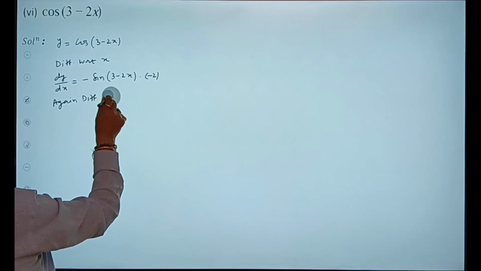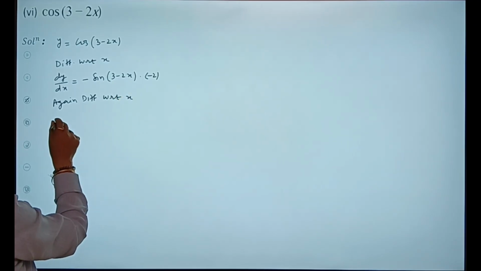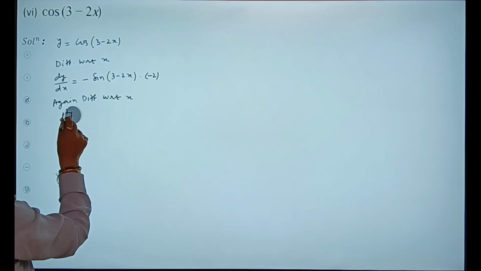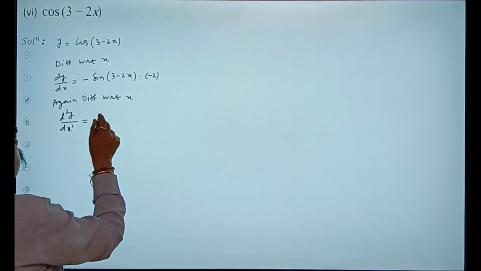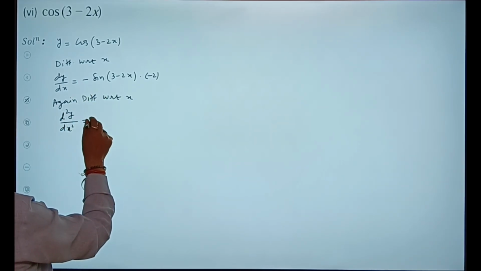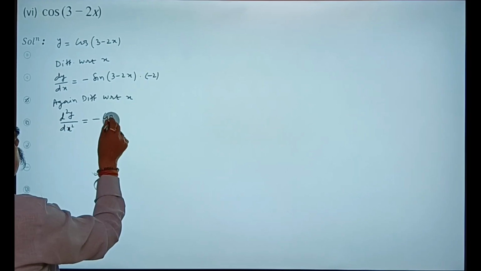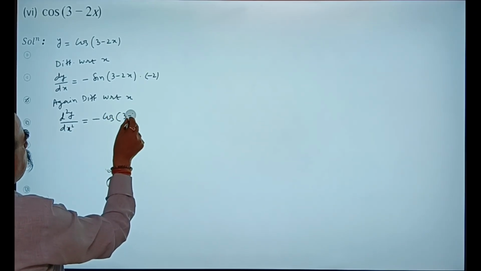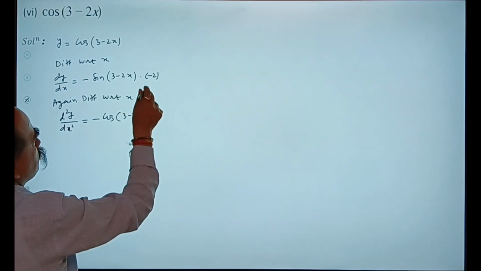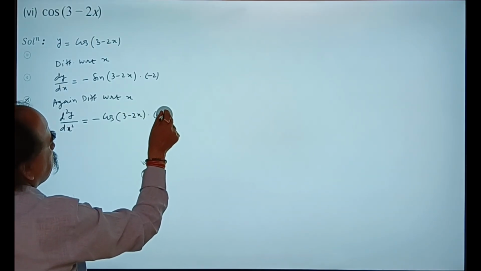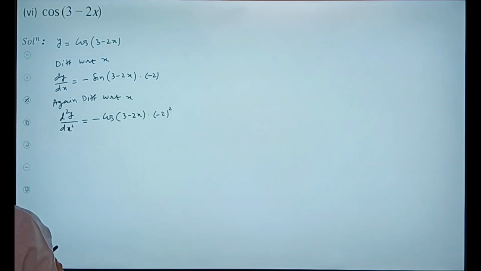Again differentiating with respect to x. So d2y by dx square, derivative of minus sine is what? Minus cos of 3 minus 2x, again into minus 2. Already minus 2 is there. Minus 2 square.